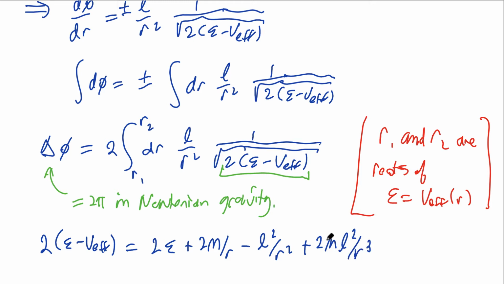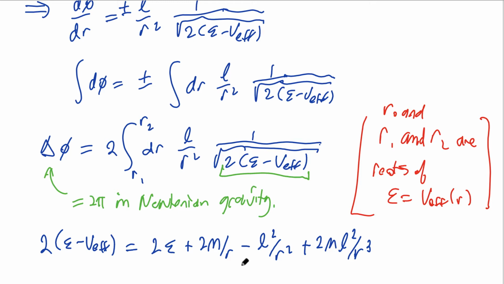So this is a cubic polynomial in 1 over r, and it has 3 roots, and the 3 roots are r1, r2, and r0. So the strategy here is I'm going to factor out the root r0 and be left with the quadratic whose roots are r1 and r2. But before I do that, I need to examine the size of each of these terms because we're going to be making lots of series expansions, and we need to keep track of which quantities are small and how small they are.